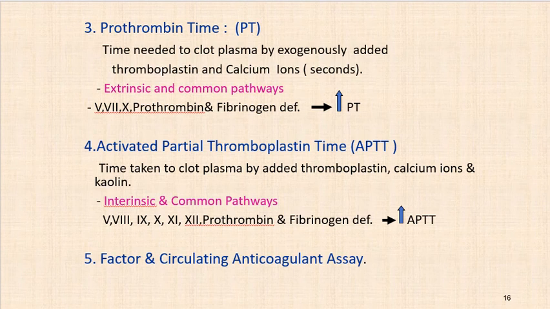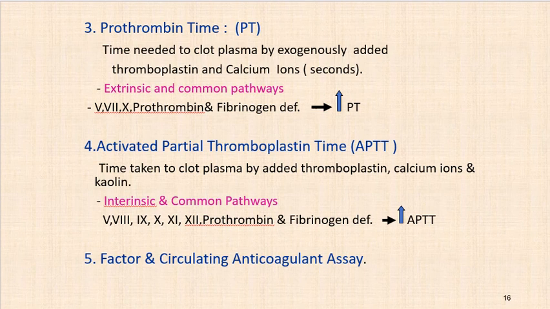The third test is prothrombin time, written in brief as PT. It is the time needed to clot plasma by exogenously added thromboplastin and calcium ions, and this time is measured in seconds. What we do is we mix some anticoagulant with the blood sample.